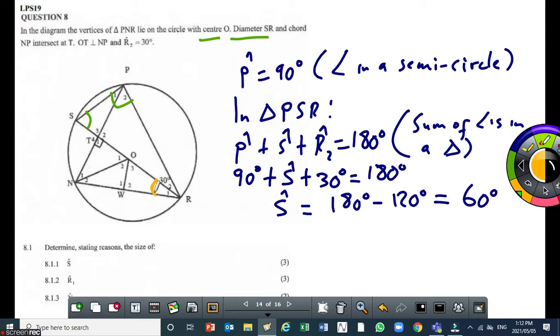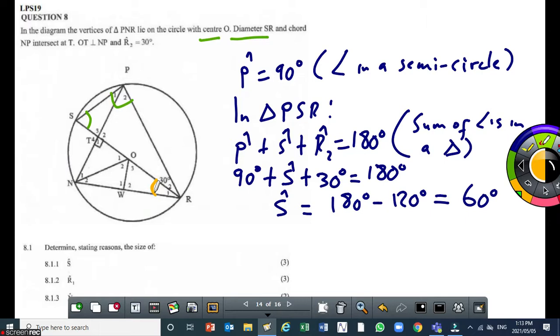Okay? Now, to find the size of that angle, I'm not sure how you approached it, but I would do it this way. It's possible that there might be more than one way, but first, since I know the value of angle S is equal to angle N, or N1 plus N2, because they are angles in the same segment, then I'll identify a triangle which will be TNR.